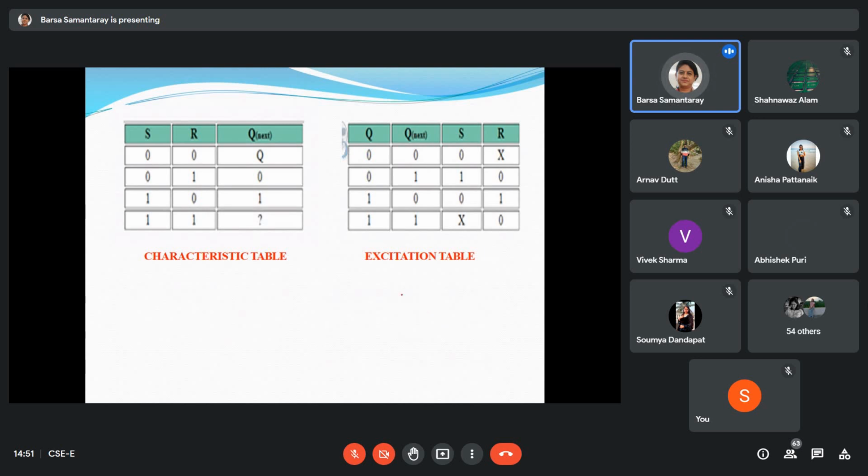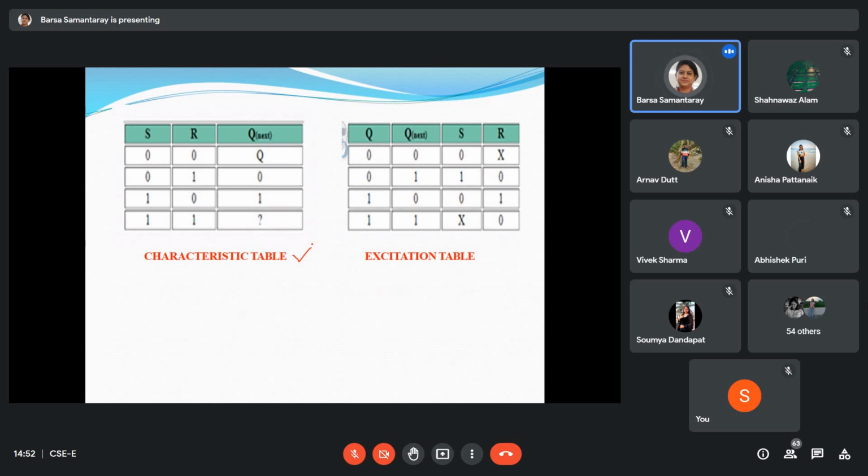Then only the last one I am explaining, that is excitation table. So have you understood characteristic equation? Matlab, if suppose the current state is this one and this input I will give, then what will be my next state?